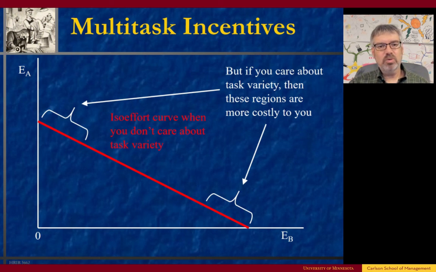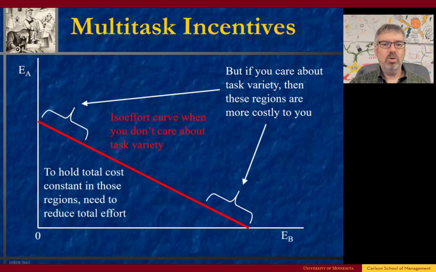So remember, this red line is meant to capture total level of effort costs being the same across all different combinations of effort being devoted to A and B. But if there's task variety, then things are more costly at either extreme. And so in order to hold total cost constant along this curve, we need to actually have less total effort when we're in each extreme compared to when we're in the middle.